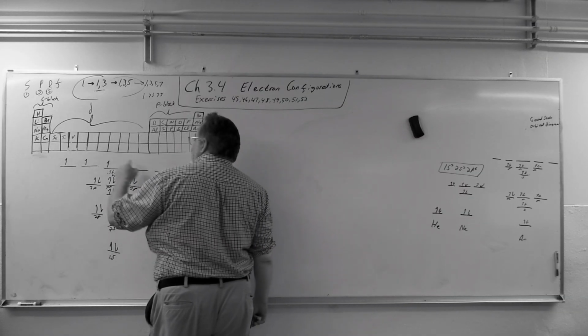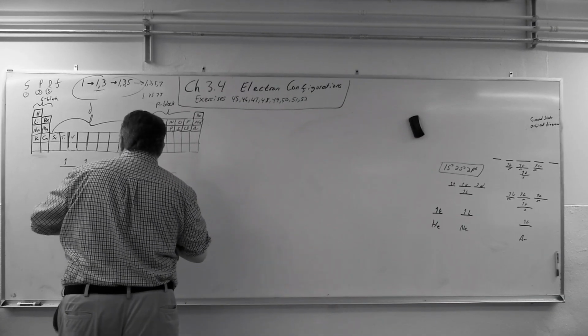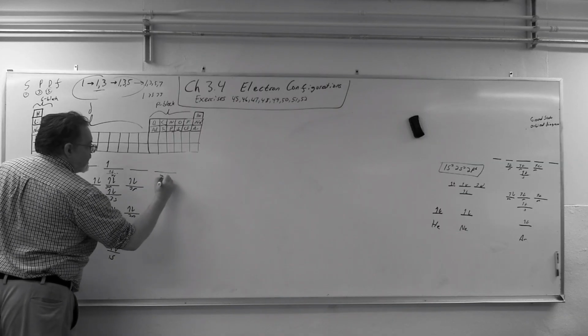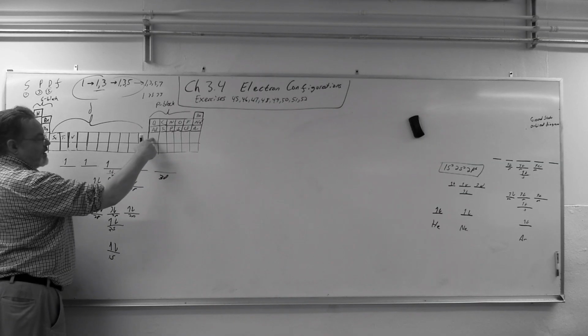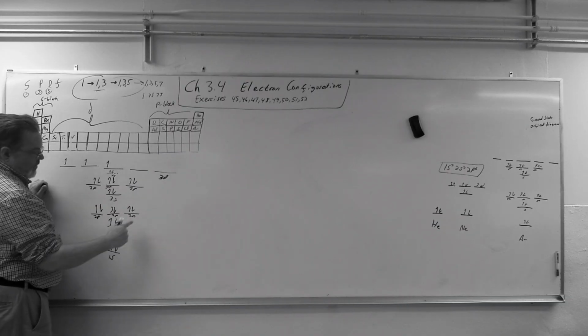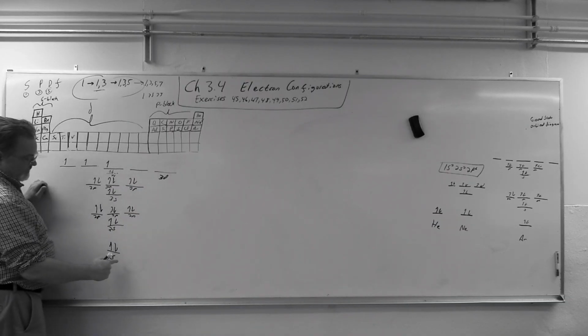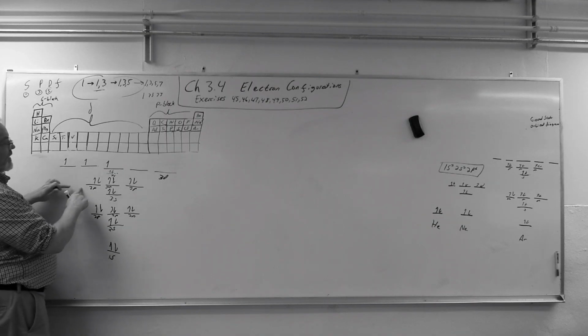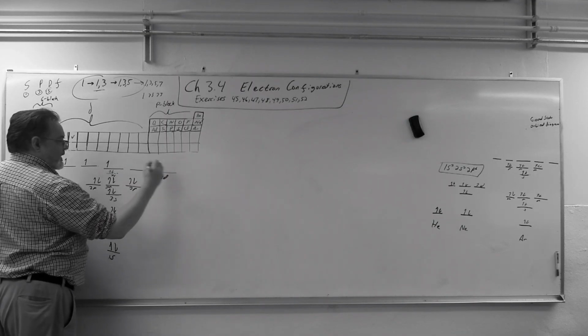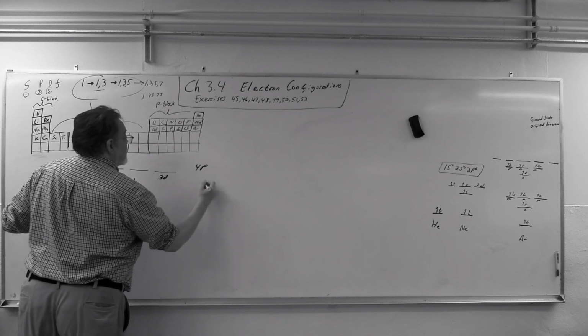Now we go to the 3d, so you know this is 3d. What do you think is next? Well, we're here, so what do you think is next? We're in the P block, and there's no P's here. We've got 2p here, 3p here, so this is going to be 4p. So 4p is next.